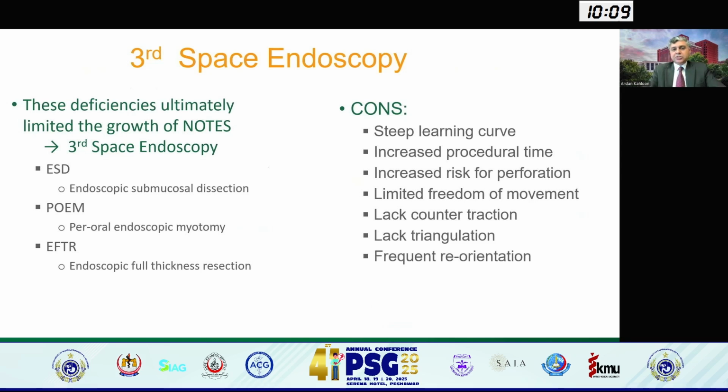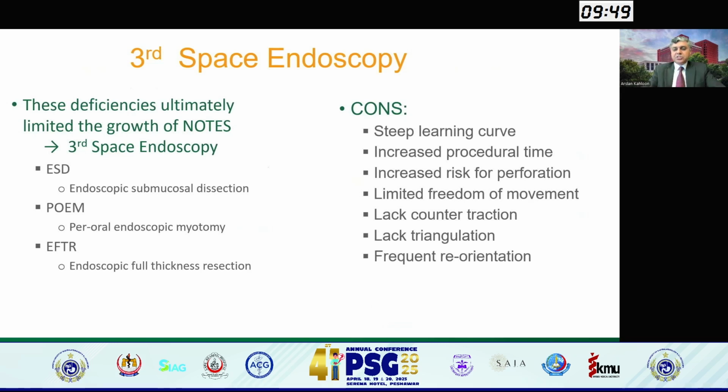And that was one of the major limitations in terms of learning third space endoscopy, where the operator has to go into multiple different orientations and rotate the scope into multiple different planes to be able to achieve better visualization, and do injections to increase the submucosal space to be able to safely perform these procedures.